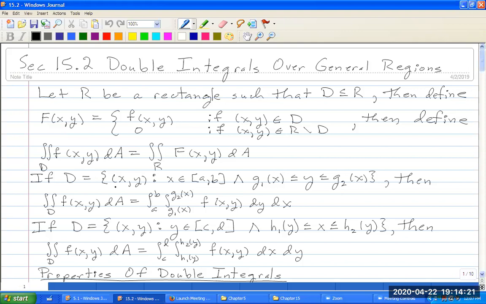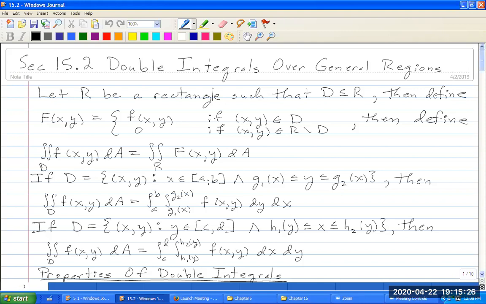If D can be written as: let X go between two fixed values, A and B, and let Y be bounded by two functions, g1 of X and g2 of X. Then I can write the double integral as the integral from A to B with respect to dx, and the integral from g1 of X to g2 of X when I integrate with respect to Y. Notice that when I integrate with respect to Y, my limits of integration could involve X. Then when I integrate with respect to X, if this is the last integration I'm doing, I only want limits of integration that are numbers, with no variable in them.